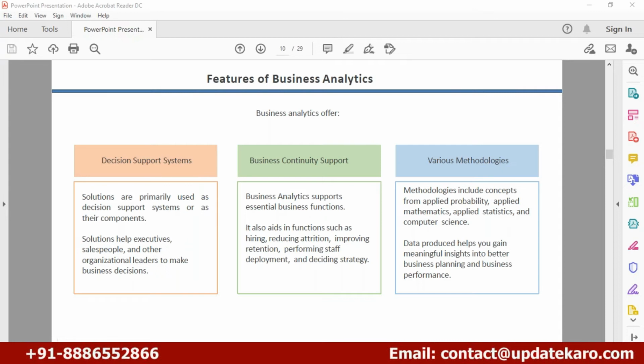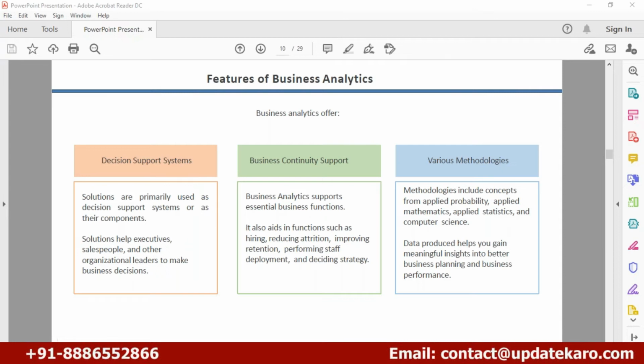Business analytics supports essential business functions. It also aids in functions such as hiring, reduction of attrition, improving retention, performing staff deployment, and deciding strategy. So this is like HR, right?